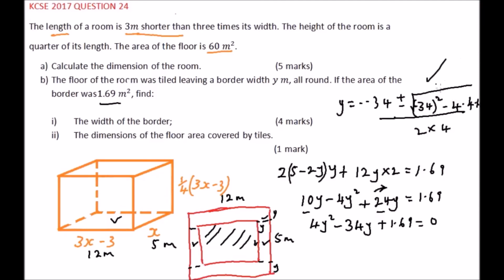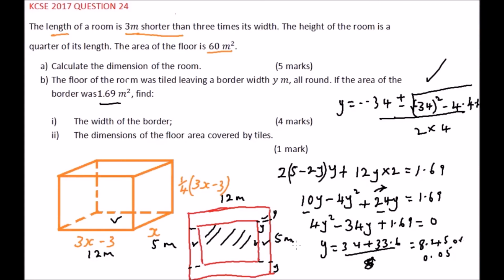Once you work that out, you get y is equal to 34 plus or minus 33.6 divided by 8, which is equal to y is 8.45, or 0.05.